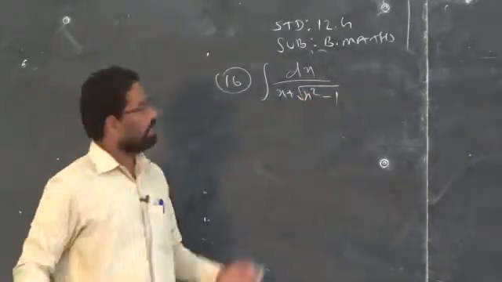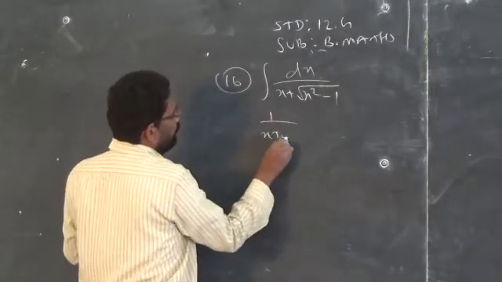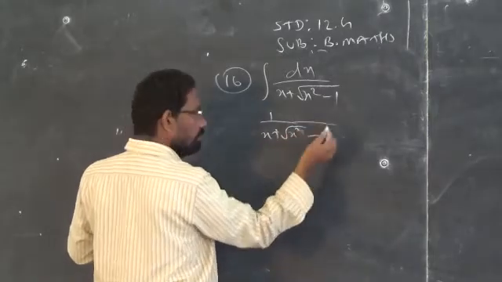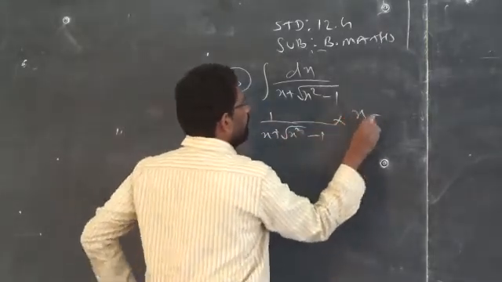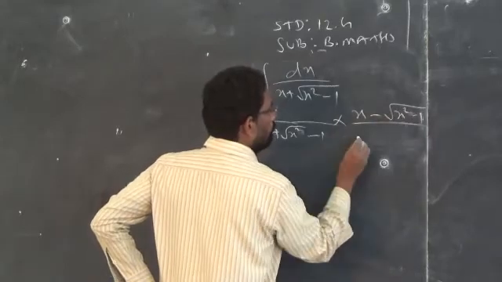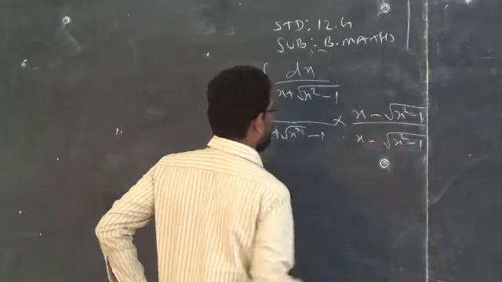Now you have to rationalize the denominator. Just take the denominator alone, then you can replace it in the question after simplifying: x minus square root of x square minus 1 by x minus square root of x square minus 1.